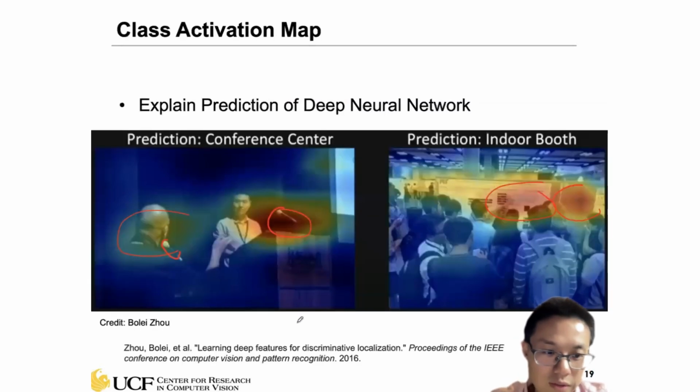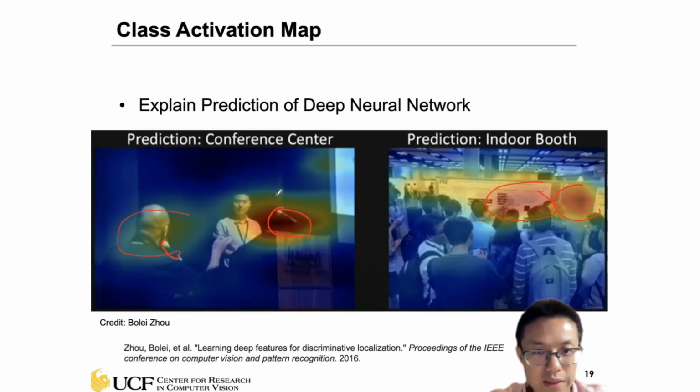So in this work, the reference listed here, they are trying to answer this question: why is the network making this decision, based on what information? In this example, they are able to highlight the regions or pixels to explain why this network makes a prediction. For example, here the network predicts this is a conference center, okay?